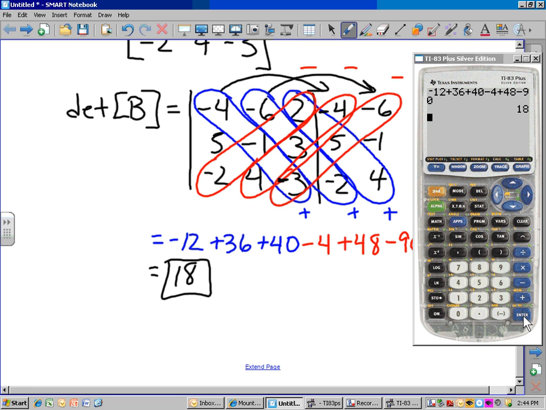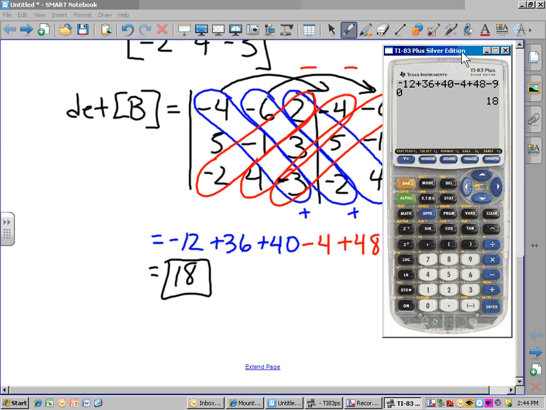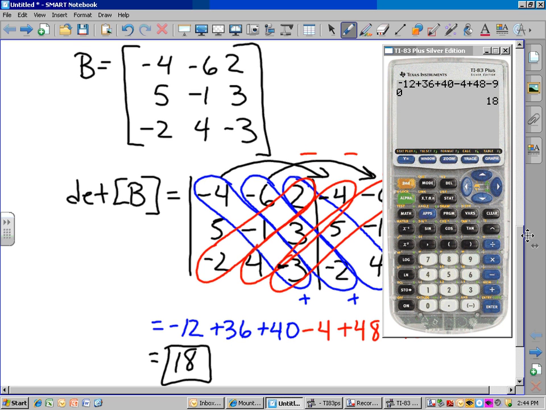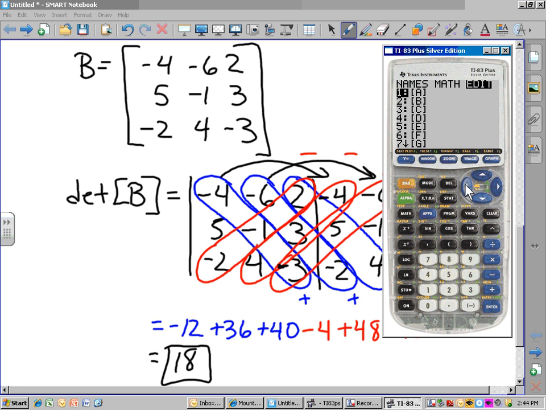Now we can confirm this with the calculator by using the matrix function. We go second matrix. We can edit matrix A. We can put in our square matrix, our 3 by 3 matrix.